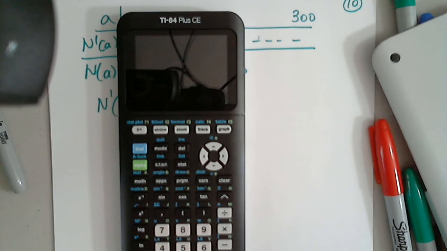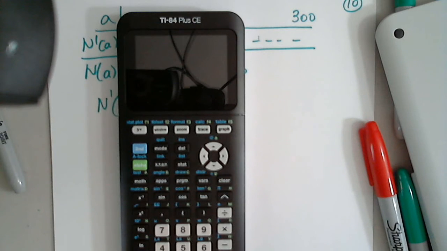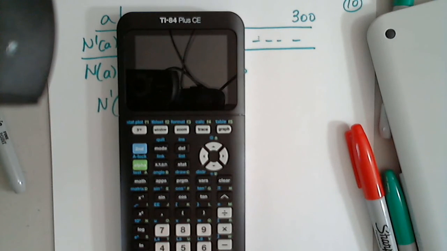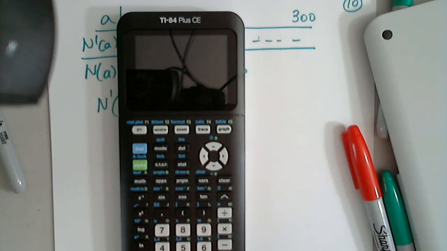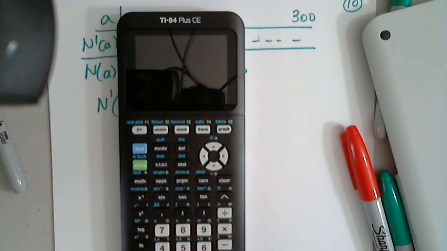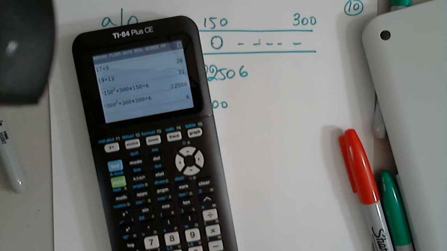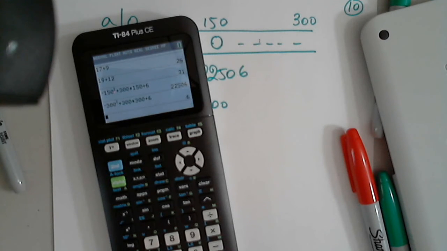Okay, I'm sharing my screen. Please click and see whatever it gives me. Okay, good. So I wrote negative 150 squared plus 300 times 150, and then plus 6.